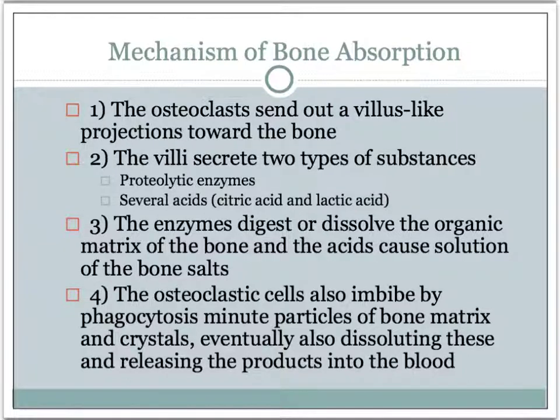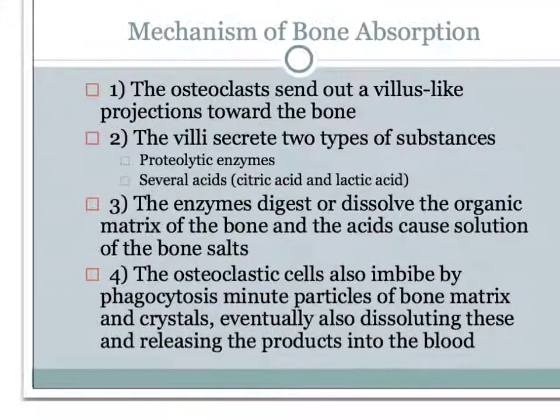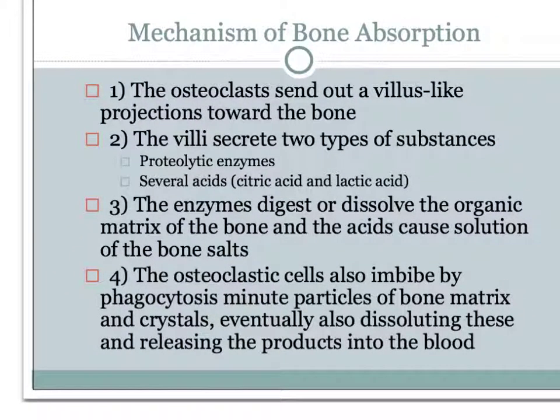Okay, mechanism of bone absorption. This is going to be on page 122 in your book, and I want you to know that during bone absorption, osteoclasts will send out a villus-like projection, like the microvilli you have all heard of before. It's just finger-like projections.